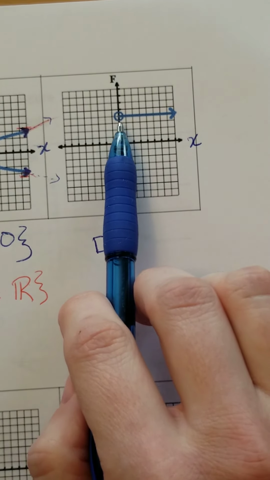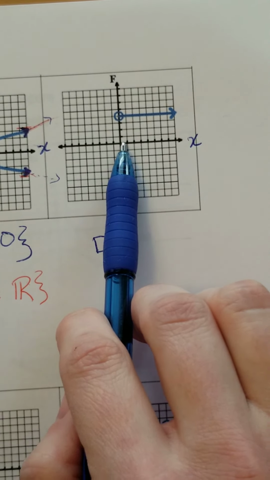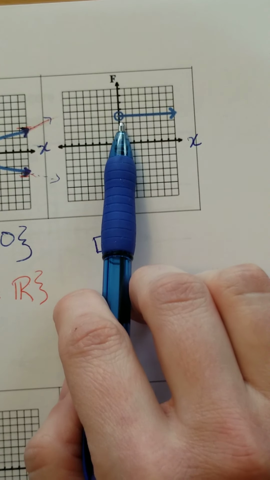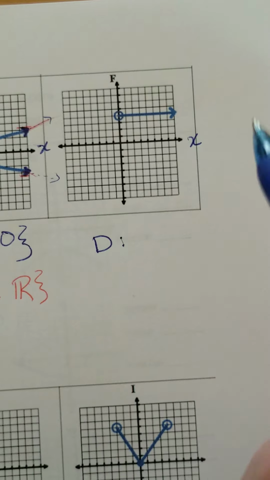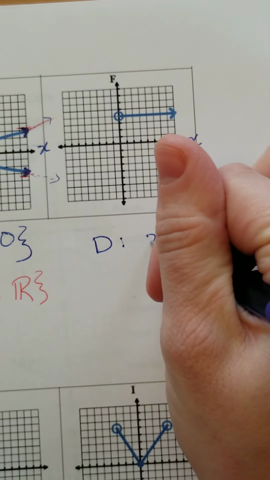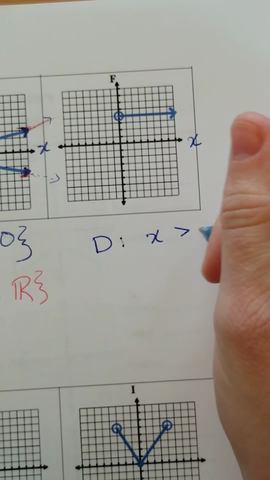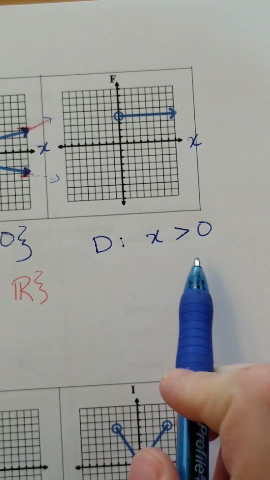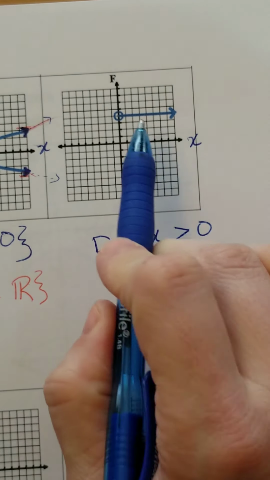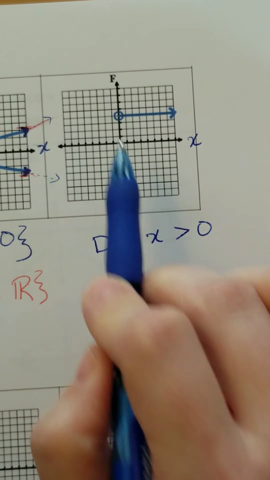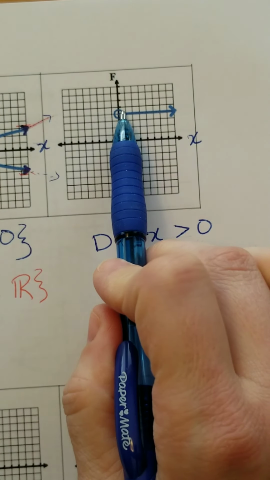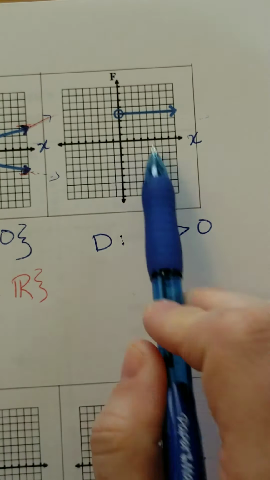So all we know is that the graph spans all of the numbers greater than 0. So just like we did in the other question, the values for x that this graph spans are all values greater than 0. And we do not write the equal to sign because of that open circle. It's not actually equal to 0. It's strictly greater than 0. So it spans 1, 2, 3, 4, 5, and so on, all numbers greater than 0.